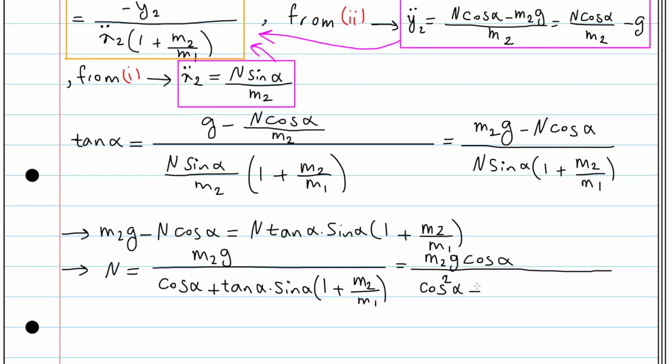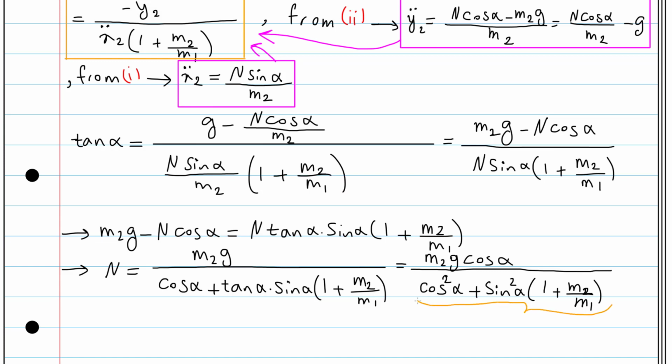Cosine squared plus tangent is sine over cosine, and if we multiply by cosine, it becomes sine squared times 1 plus m2 over m1.